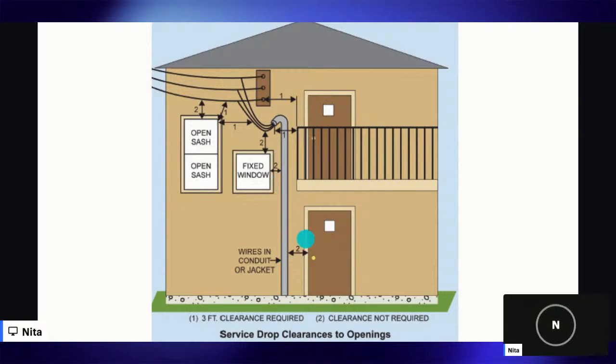So in that case, there is no clearance requirement because you couldn't reach out and touch the wires, because they are held inside of the conduit. So all of this again is about danger from reaching. If someone can open up the door or stand out the window, a kid or something like that, and touch the wire, it's a hazard.